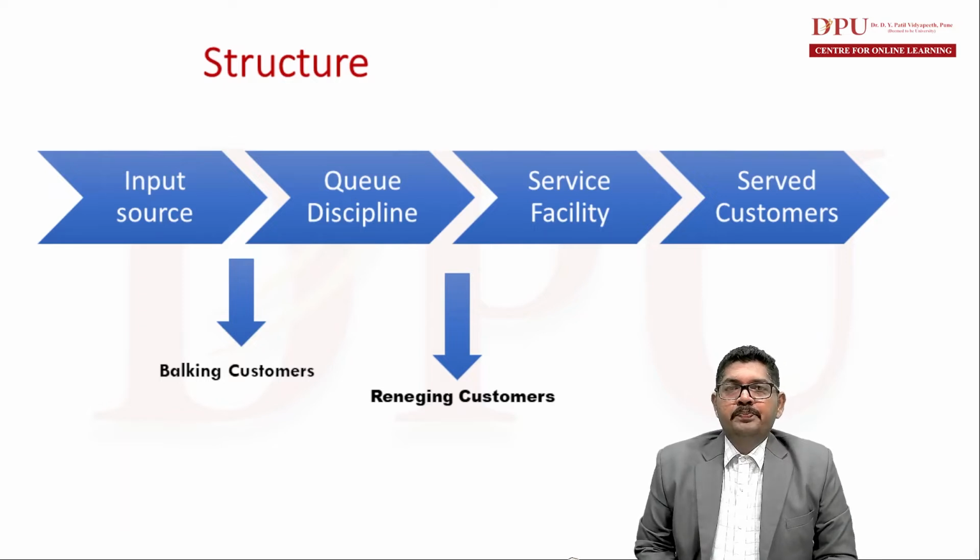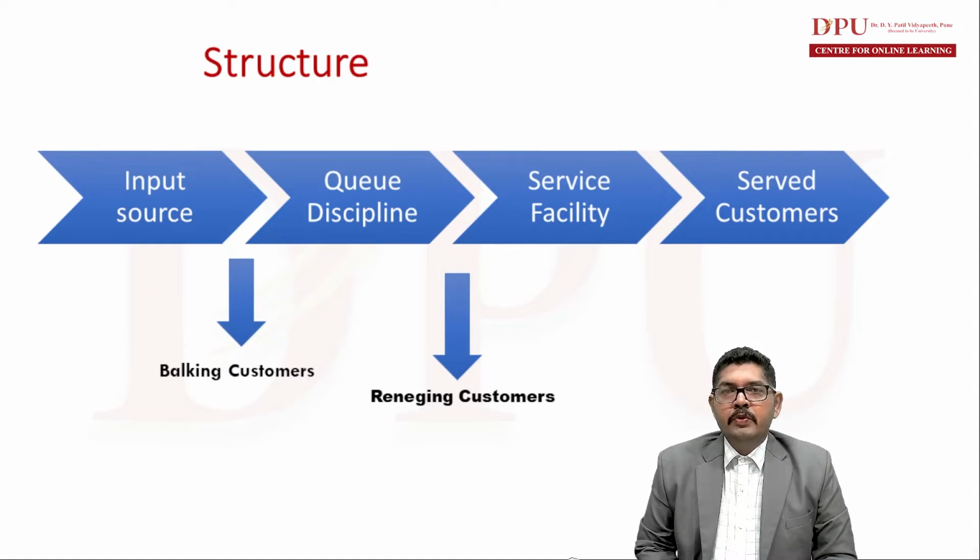Structure of a queue. A queue consists of a server, and there is a source of origin or input source where the customers or units originate. They move towards the service. They stay in a queue for some time. They get service from the server, and when they get service, they exit from the system.